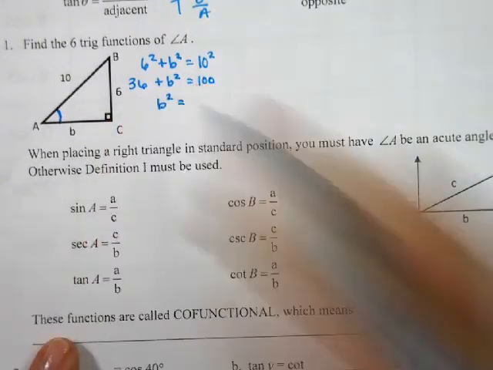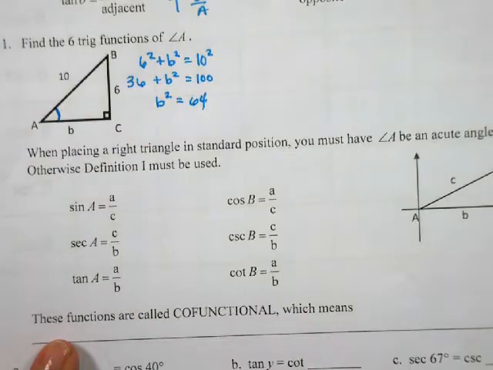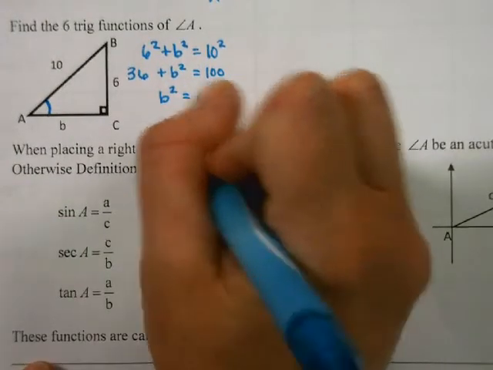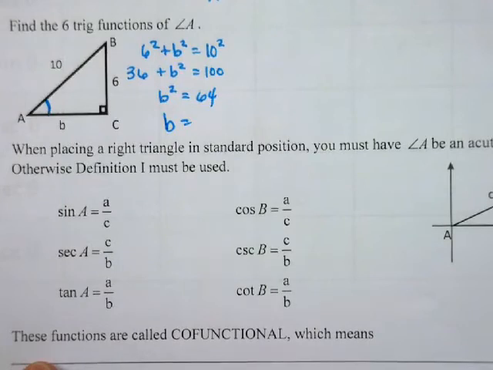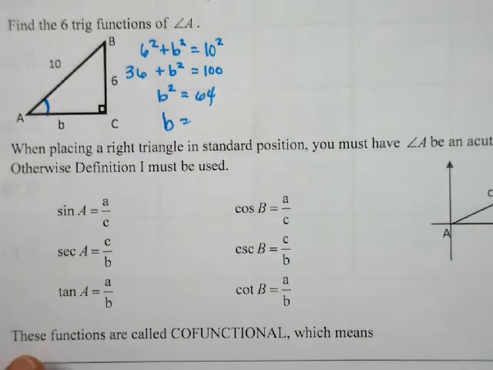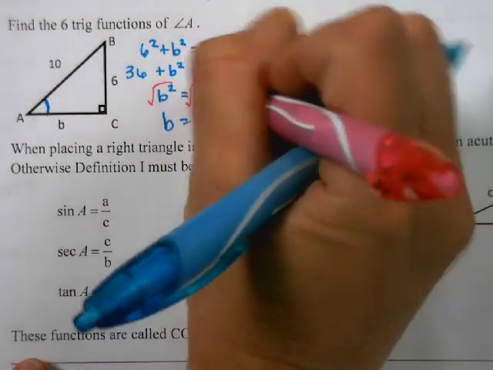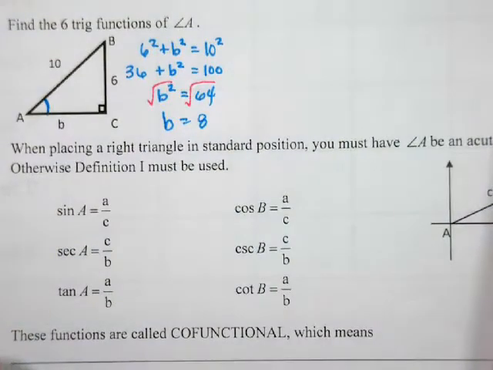So B squared is 100 minus 36, which is 64. All right, now, technically we're the one taking the square root, right? So technically it's plus or minus. But we also have a triangle here going on. And we know we're in quadrant 1, so he's just the positive one. So B is 8.